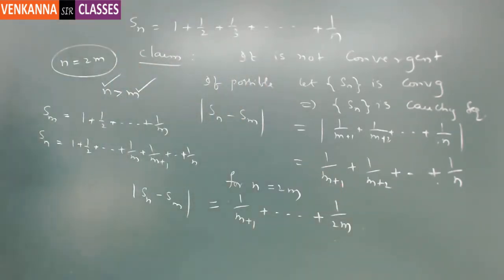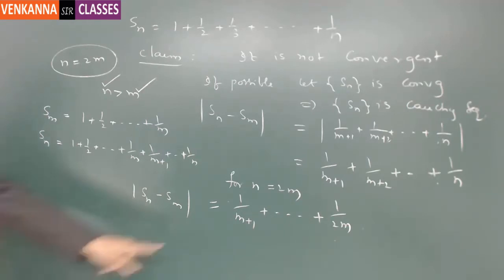Because I can take n as any term number bigger than m, I have taken 2m. Why I have taken 2m, I will tell you later, the technique inside it. Fine. Any questions at this point?